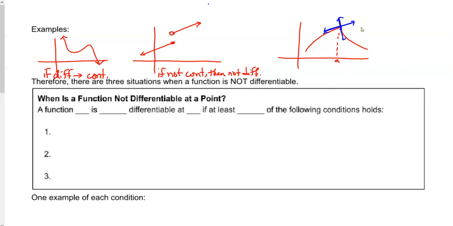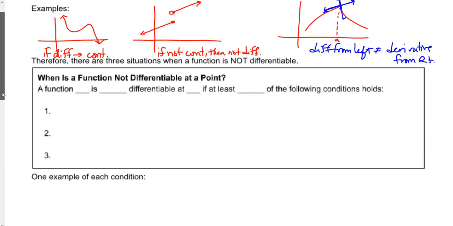So notice that these have to be the same. And in this case, the derivative from the left does not equal the derivative from the right. Okay? All right.